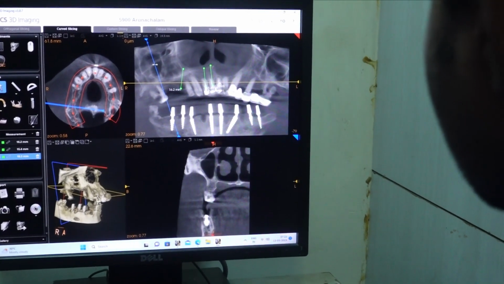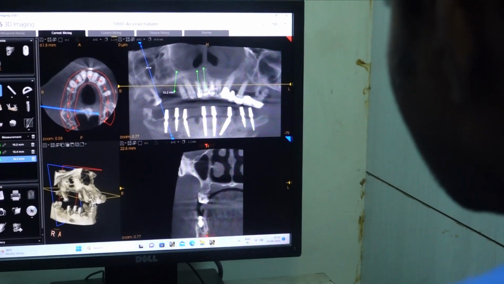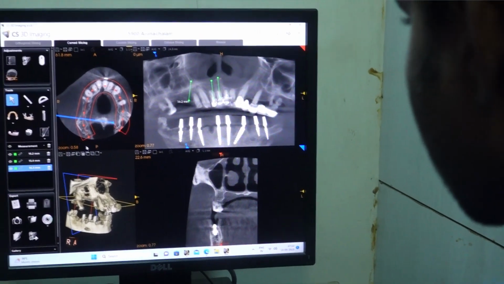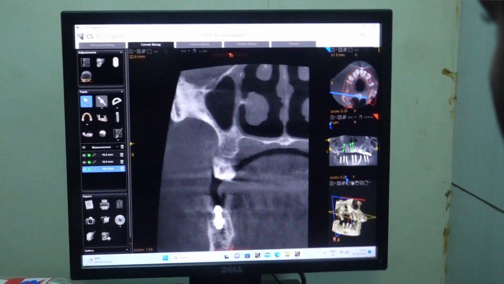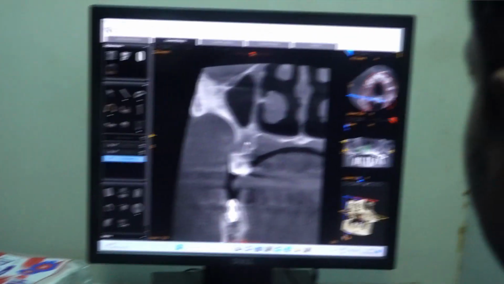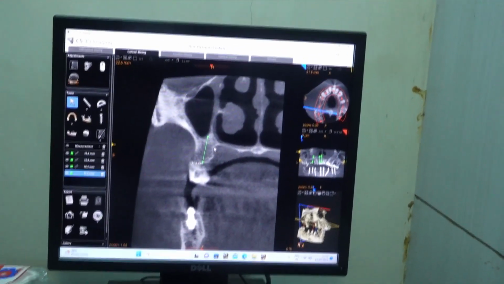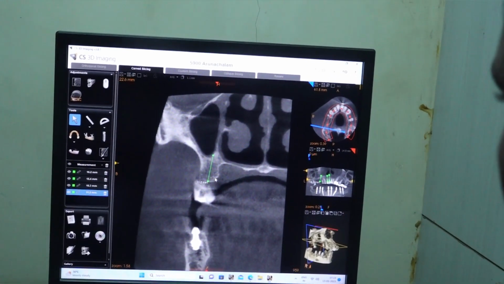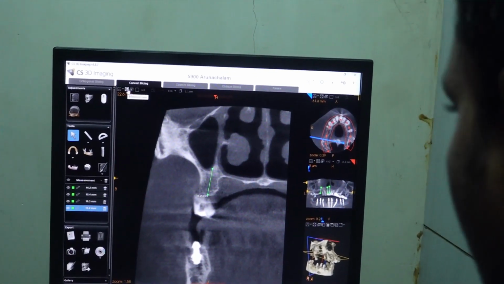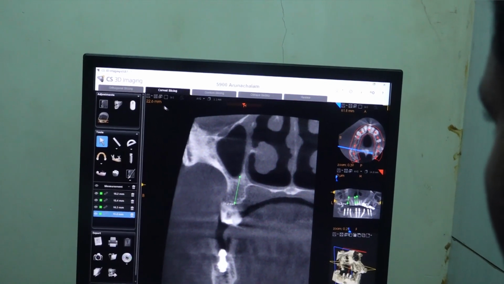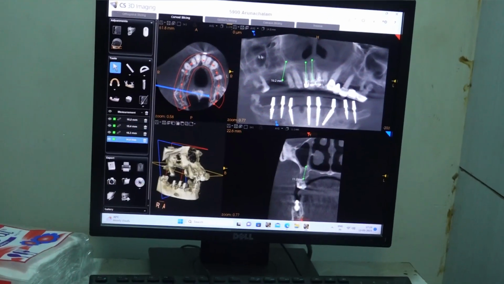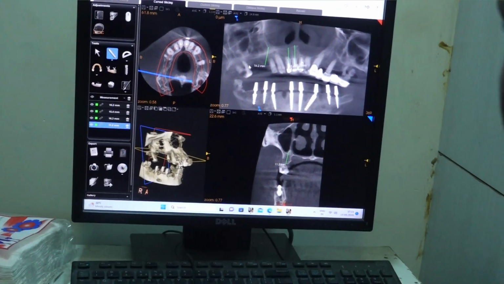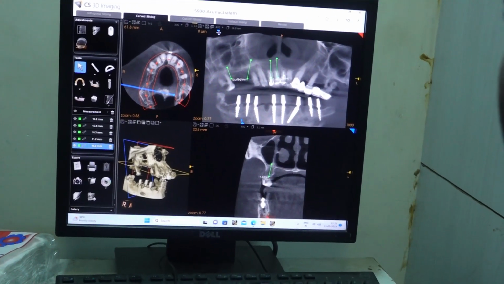Just mesial to the root of 8, the mesial root. You can place a good implant, a wider implant also. This is also good. It is around 4.2 by 10.5. So 4.2 by 10.5 you can place, excellent, and that will give a nice distal support to the prosthesis.